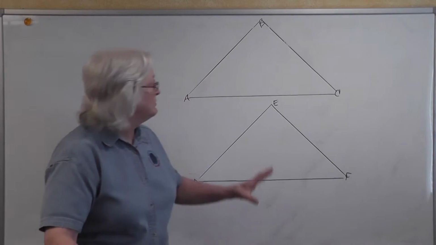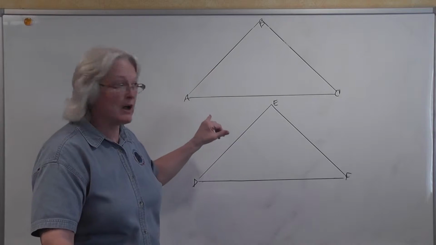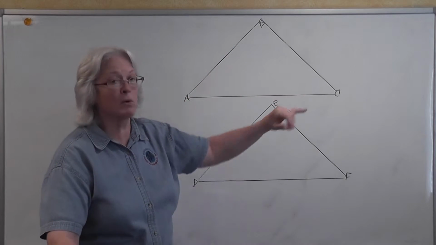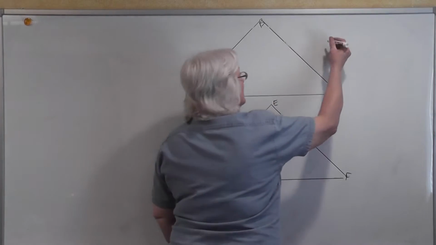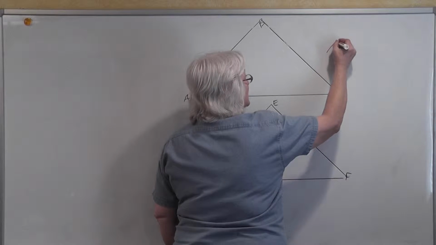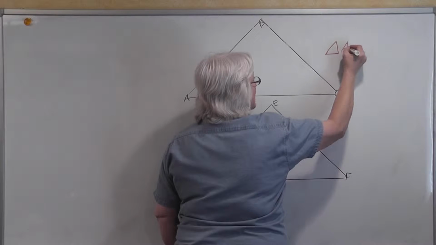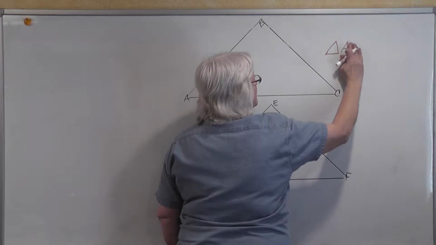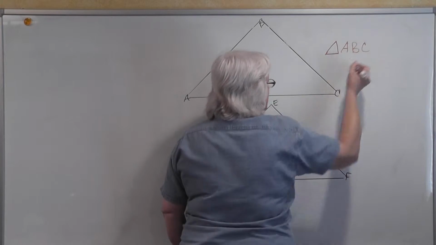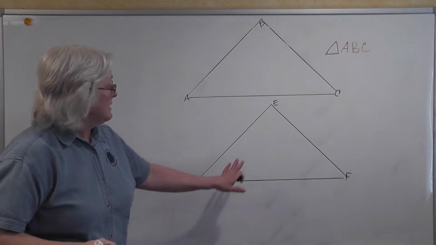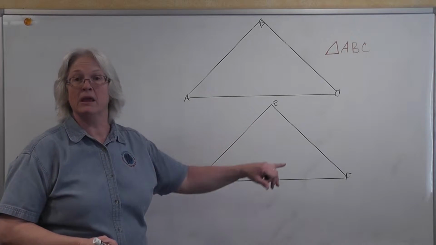Okay? We have two triangles here, and these triangles are identified by the points of their corners. This would be triangle ABC, and you would indicate it by drawing a triangle shape and capital letters: capital A, capital B, capital C. And then we have a second triangle down here, and this is triangle DEF.